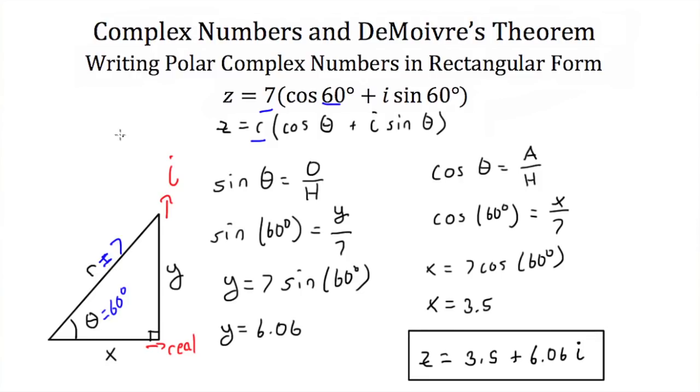Because remember, complex numbers in rectangular form look like z is equal to x plus yi, or a plus bi. Here our x is 3.5, or our a is 3.5, and our y, or our b value, is 6.06. Just don't forget to include our i for the b or the y value.